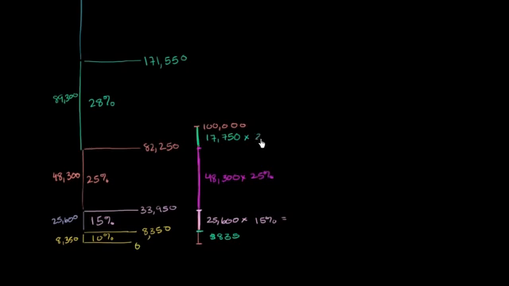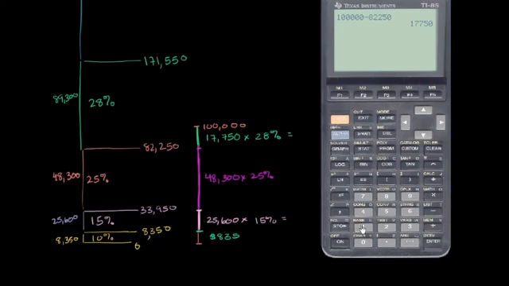So it is 17,750 times 28%. And now I could use the calculator to calculate all of these. So let's do it all at once: 17,750 times 28%, so I'll say 0.28, plus 48,300 times 25%, 0.25, plus 25,600 times 15%, 0.15.